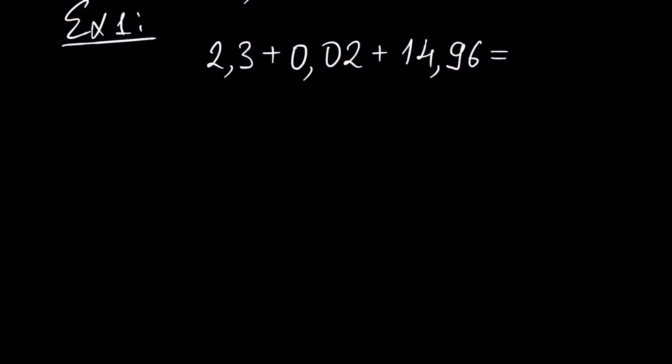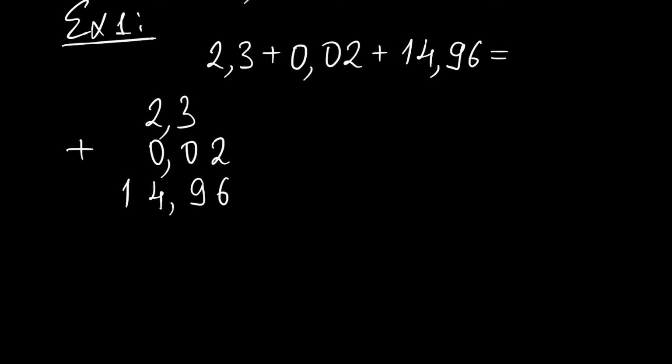We write 2.3, plus, we perform additions, plus 0.02, plus 14.96. And here, the most important thing is that we have to write each digit in its proper place.